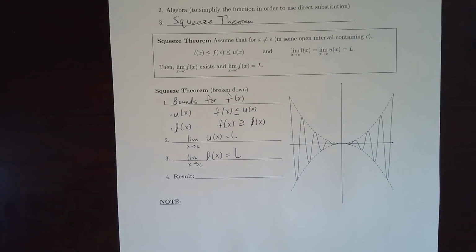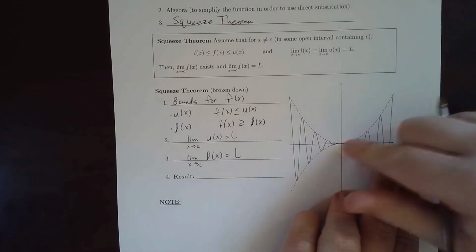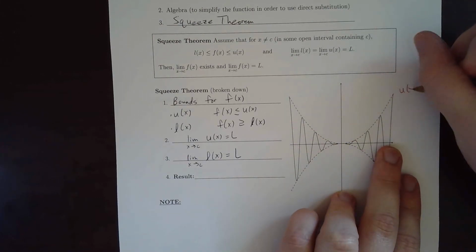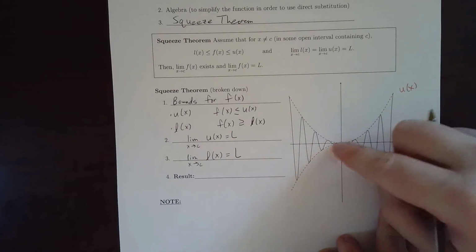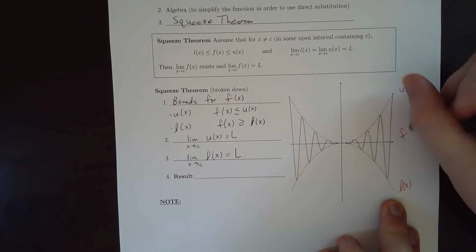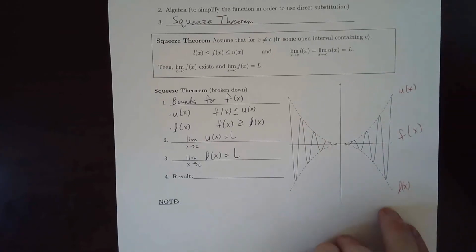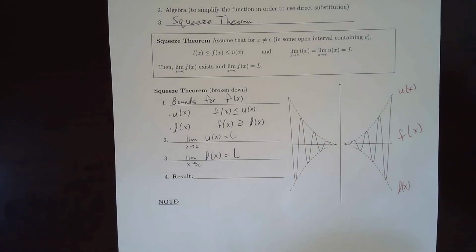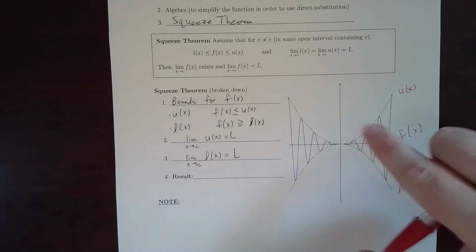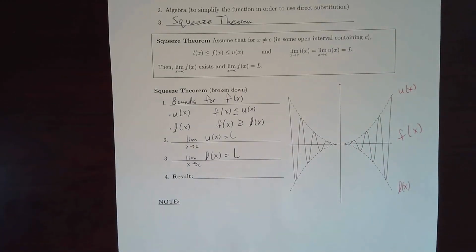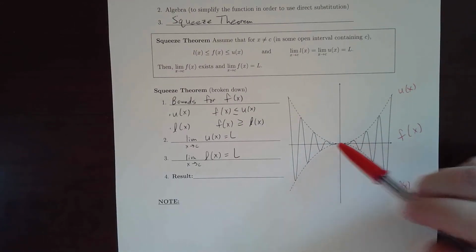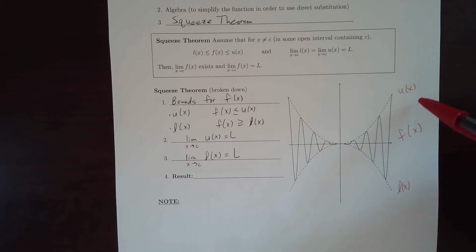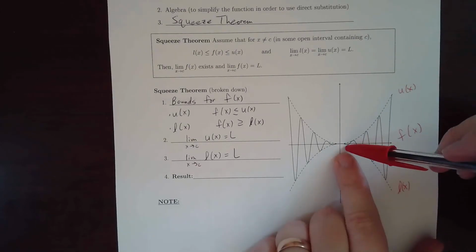So essentially think of us having some sort of upper function, so this upper dashed line is u of x, and this lower dashed line is L of x, and this wavy function here is our f of x. So maybe f of x is some sort of weird thing like sine or cosine, and it's got some weird algebraic stuff going on inside of it, and we don't know exactly what the limit should be at this particular point here in the middle, but we do know that f of x is always less than or equal to u of x, and always greater than or equal to L of x, and they both meet at this point.